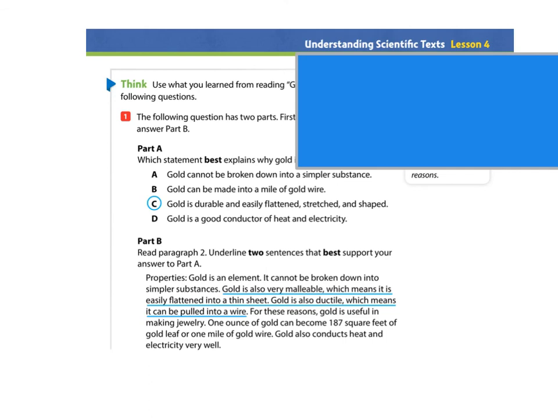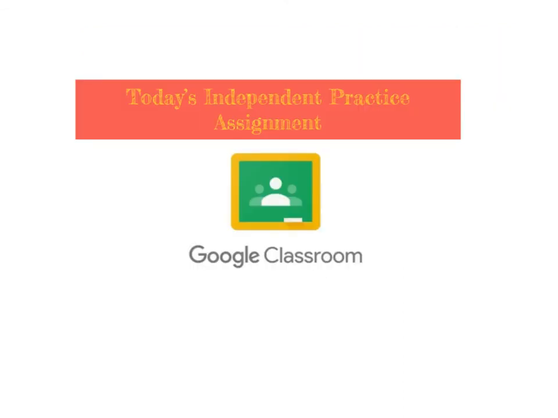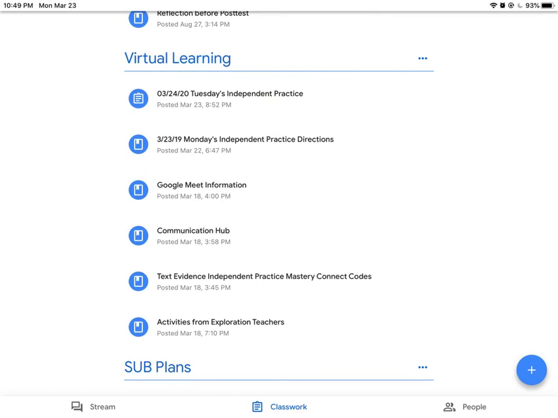All right, so you guys have seen my examples of how we can look at scientific text and the reasons why things happen. Today's independent practice assignment has been posted in Google Classroom. You will log in today at some point, and you are going to see our virtual learning section, where I've posted an independent assignment.